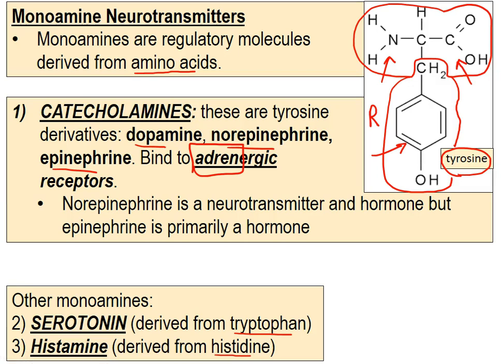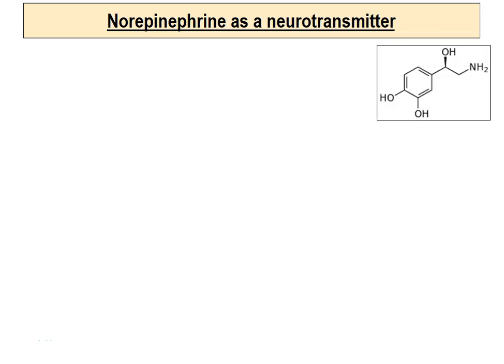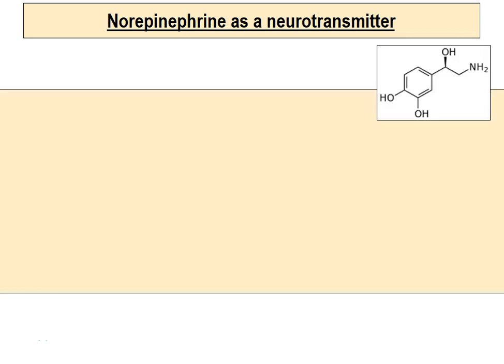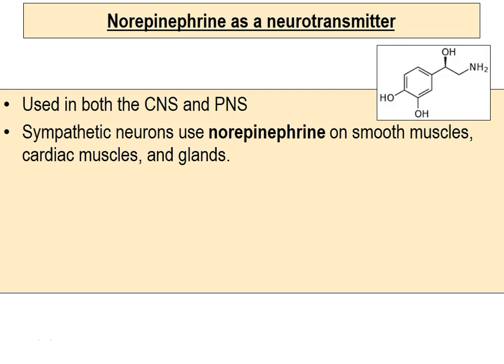So let's talk about norepinephrine. Okay, norepinephrine is used in both the central nervous system and peripheral nervous system. And in the sympathetic nervous system, remember that's sort of your fight or flight nervous system, norepinephrine is going to be used on smooth muscle, cardiac muscle, and glands.